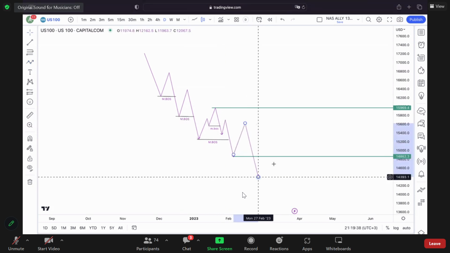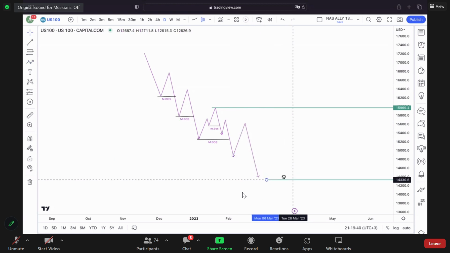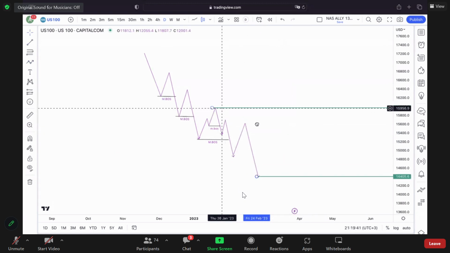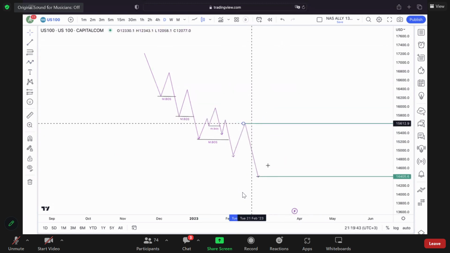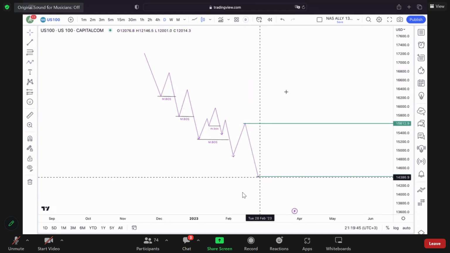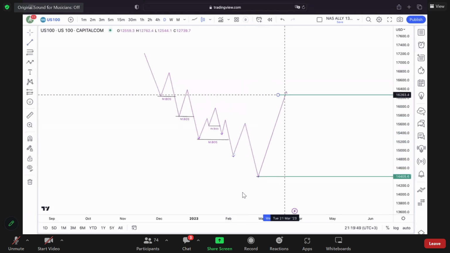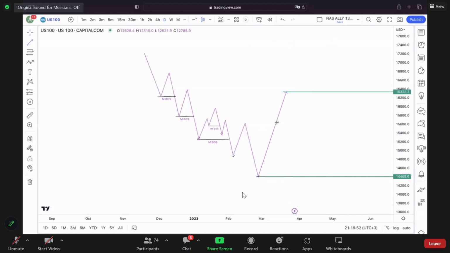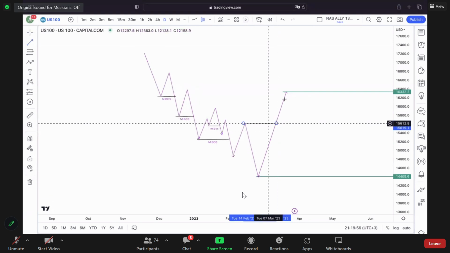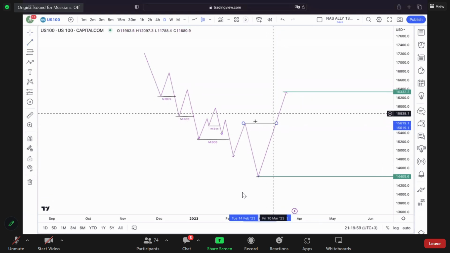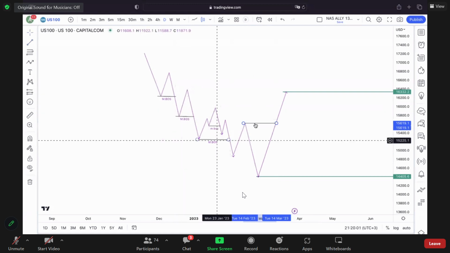Now, the only time that the shift happens is when the market takes out the high. And that will now be our change of character. Okay, why? Because now the market didn't make a lower high, it made a higher high. So now it's showing us the market structure has shifted from bearish to now bullish.